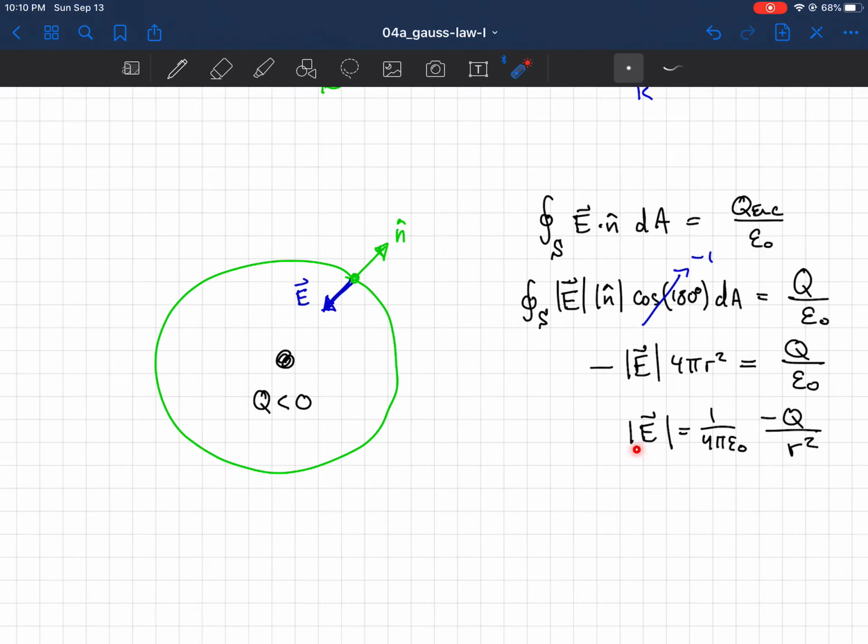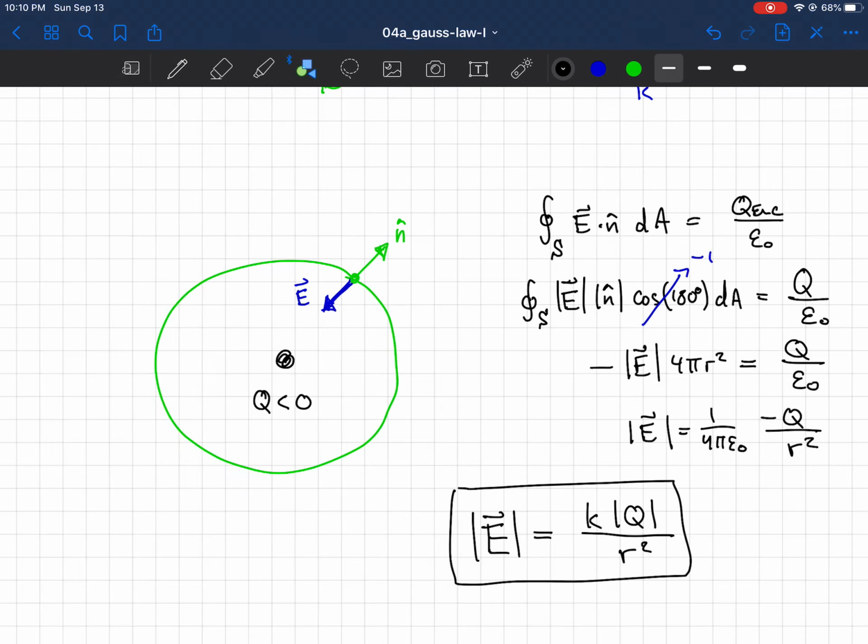So this is the same thing as saying that the magnitude of E is equal to 1 over 4 pi epsilon naught times the absolute value of q over r squared. So we find for any charge that the magnitude of the electric field is equal to, let's just go back and call it k, times the absolute value of q over r squared, which is the result we've been using already.